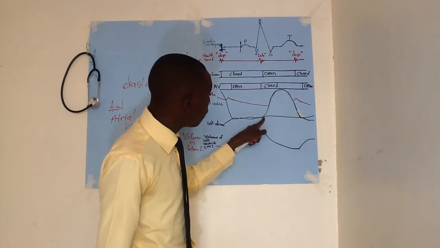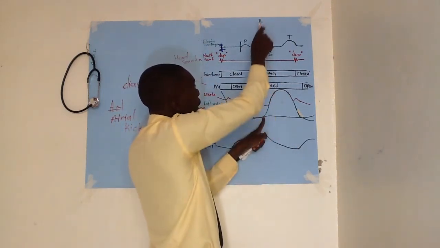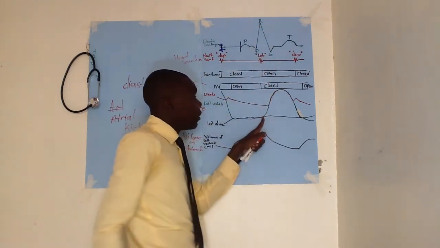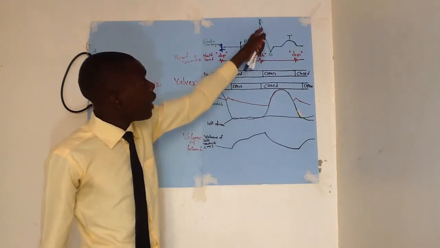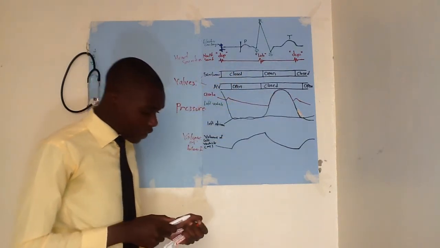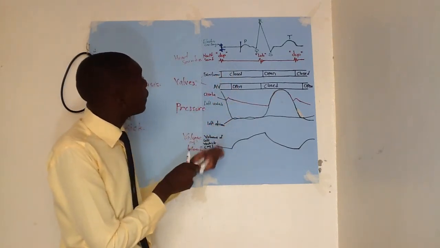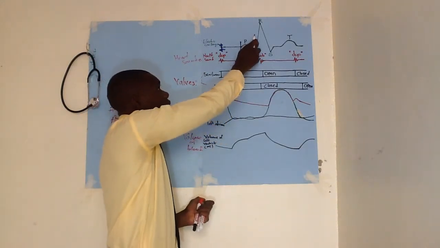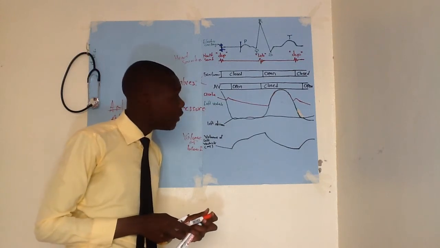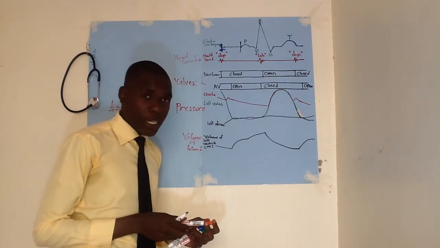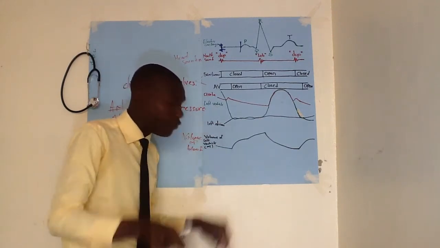Now, when we reach this point, we would have reached the QRS part of the electrocardiogram. So, at the QRS, what is happening is that our electrical nerve impulse has now reached the ventricles. It has all been collected by the atrioventricular node and it has been sent to the ventricles.